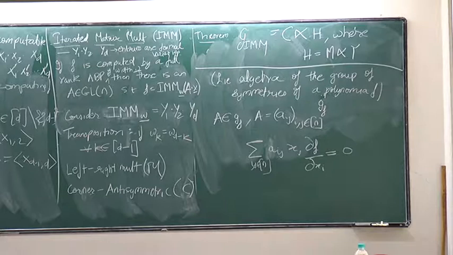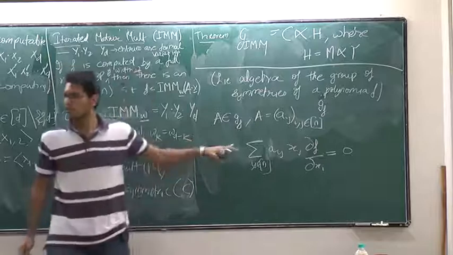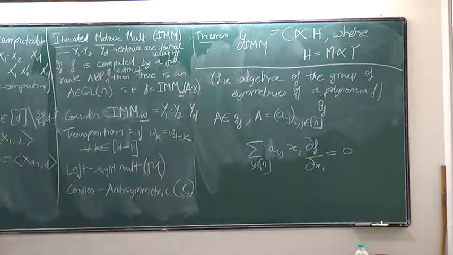You just take the derivative with respect to a variable and then you shift it. g_f is the Lie algebra. So A is in this Lie algebra if it satisfies this equation.